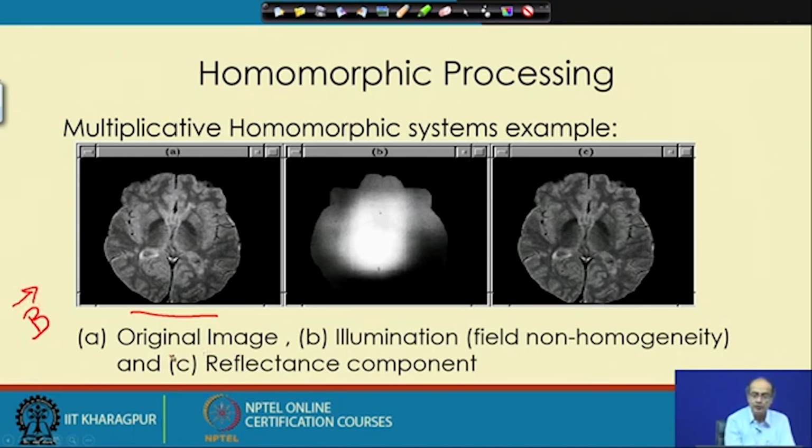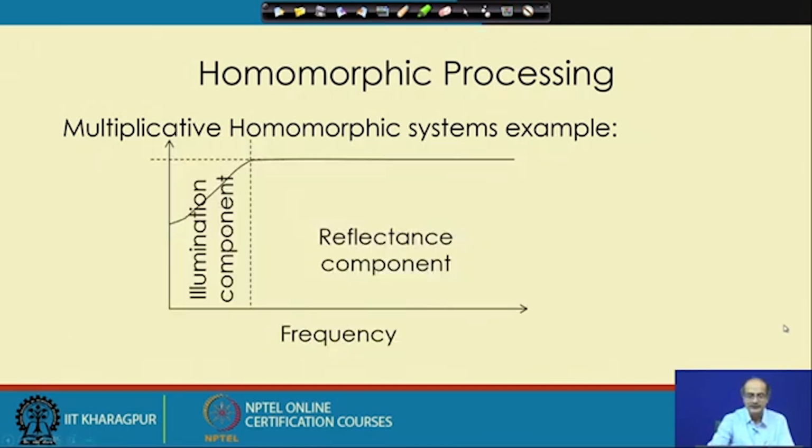Because of the inhomogeneity, if we look at the map of it, we see a huge inhomogeneity in this case. Because of this inhomogeneity, the inside part is brighter and the outside part is darker. Now, if we use homomorphic processing, we can separate them out. How is that possible?